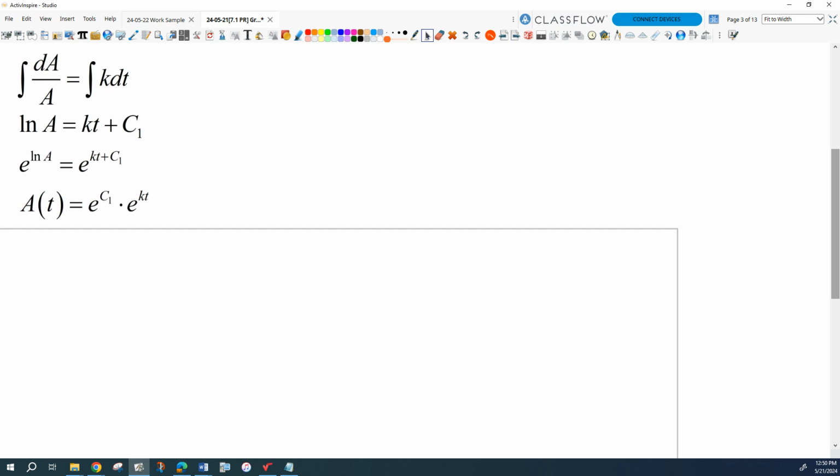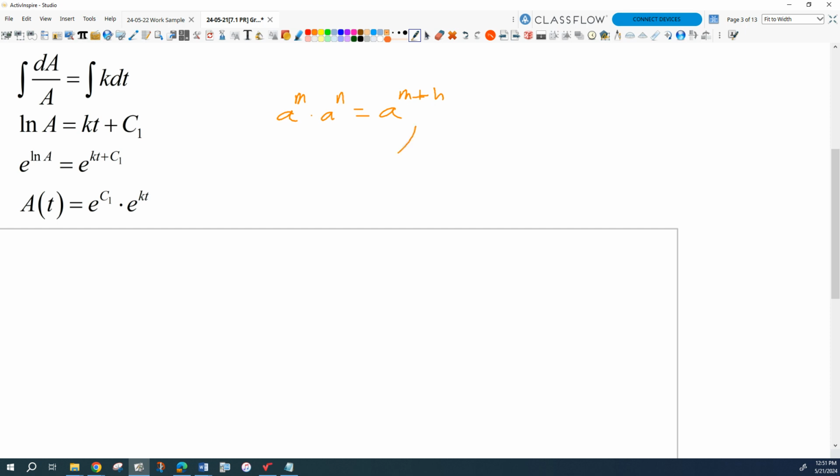We can use a property of exponents here. A to the m times A to the n equals A to the what? m plus n. Well, we can go both ways with that.